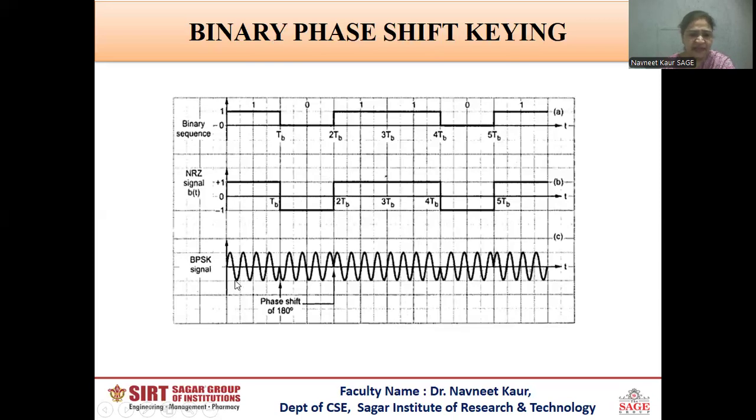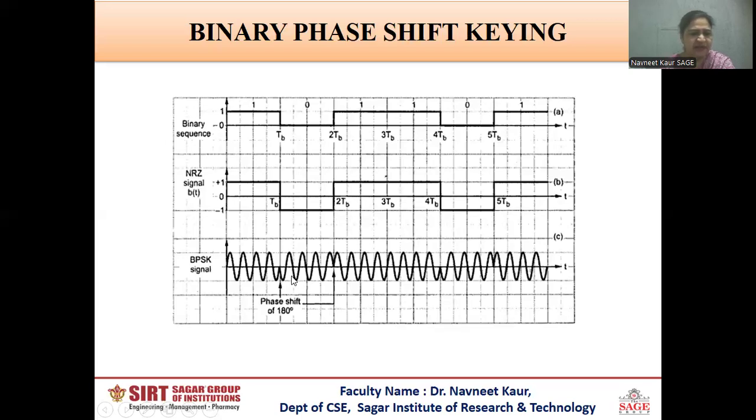Now, here we can see that usually the sinusoidal carrier goes in the form of a sine wave. But here we can see whenever there is a change in the message signal from 1 to 0, there is a change in the phase of the sinusoidal, which is equal to 180 degree. So instead of going up, this carrier signal is coming again towards the negative direction.